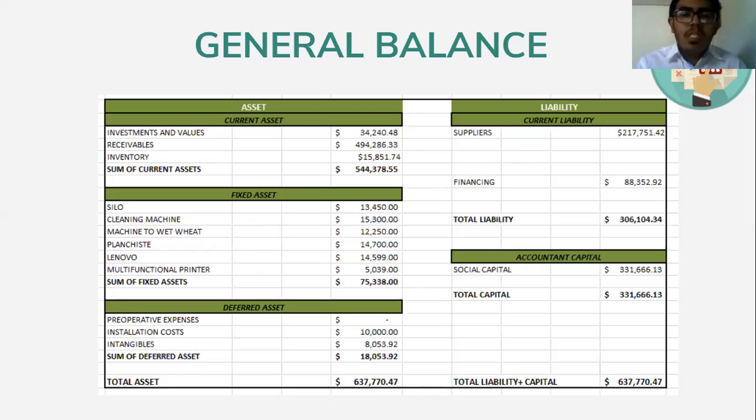We got 637,770, and we have also the same amount of these numbers. So basically, it's going to tell us if we are doing okay with our finances.